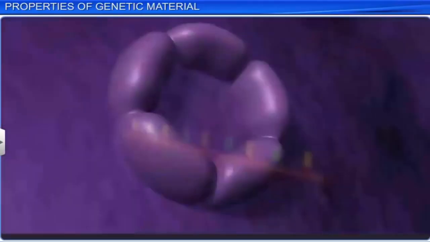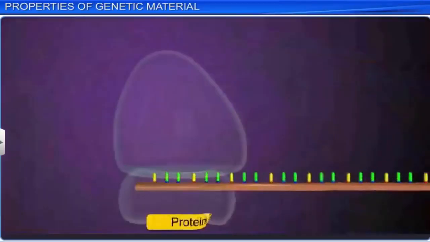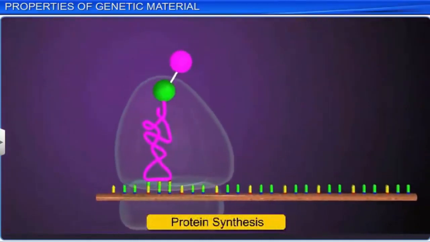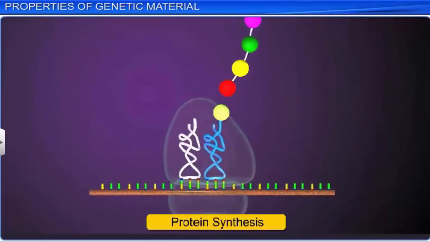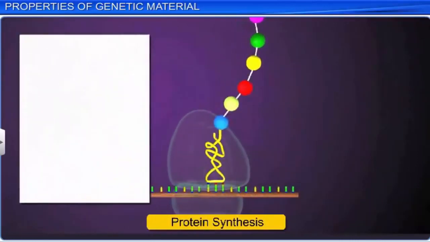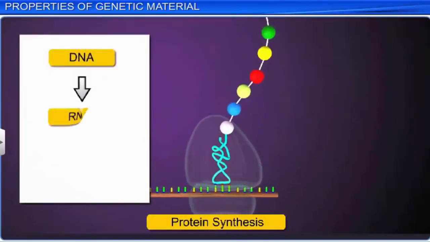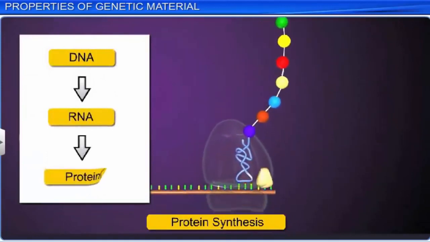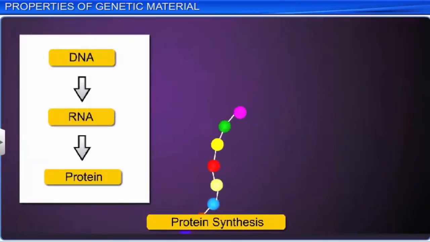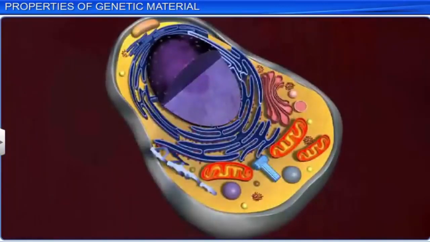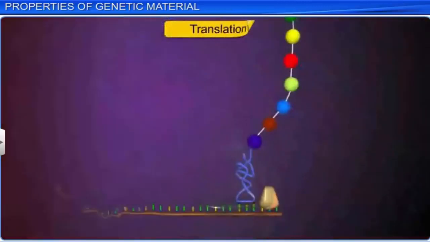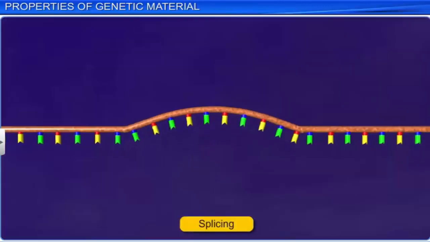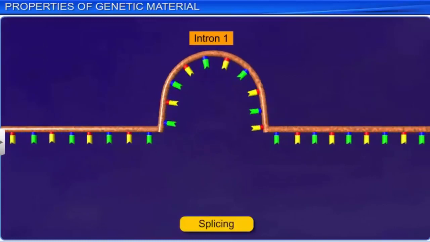Nonetheless, RNA can directly code for protein synthesis and thereby easily express the characters. In this regard, DNA is dependent on RNA, not only for protein synthesis, but also several essential life processes such as translation and splicing are evolved around RNA.